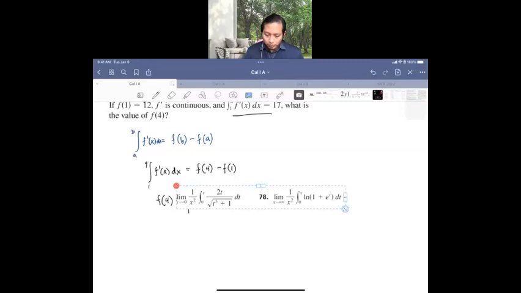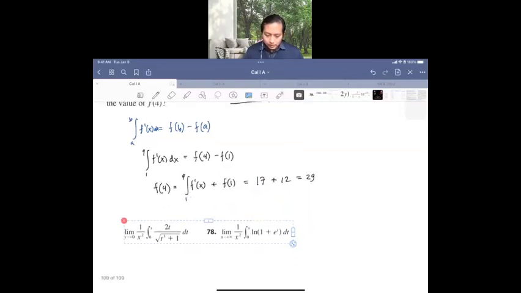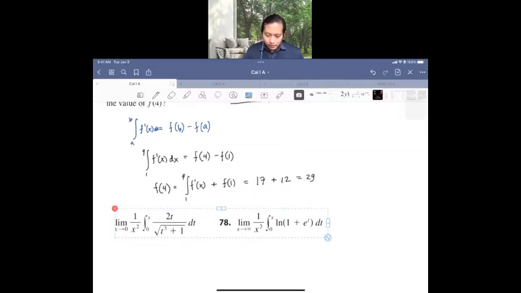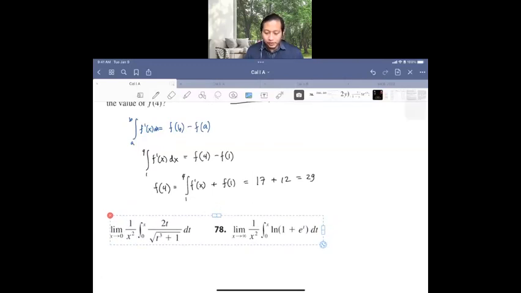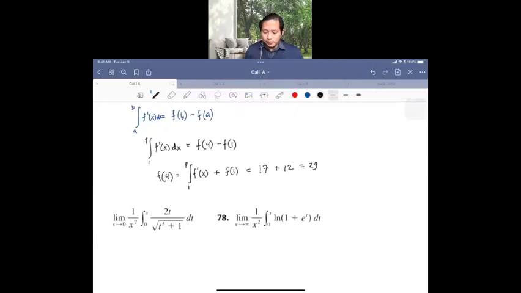So maybe one more question, okay? Another typical question for the fundamental theorem of calculus is if we have this limit, and it's having the integration.